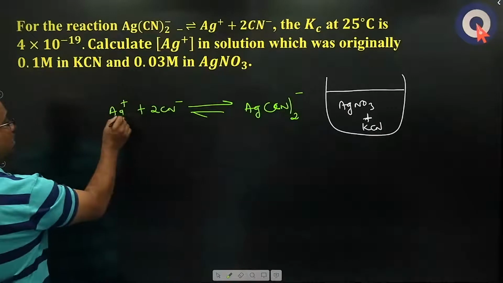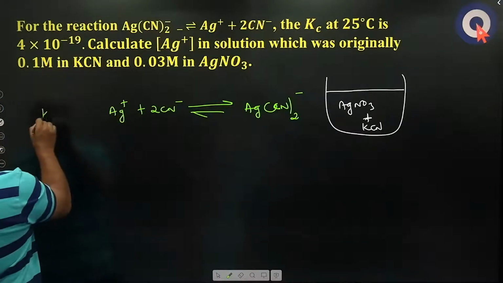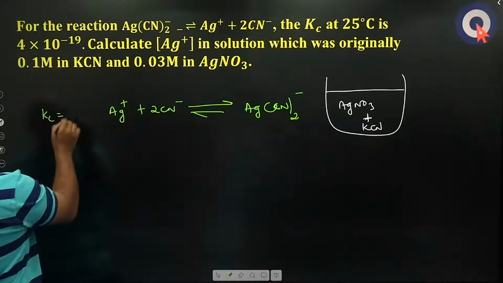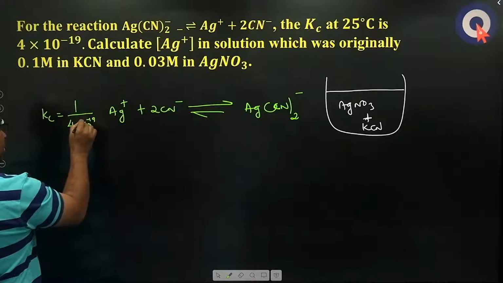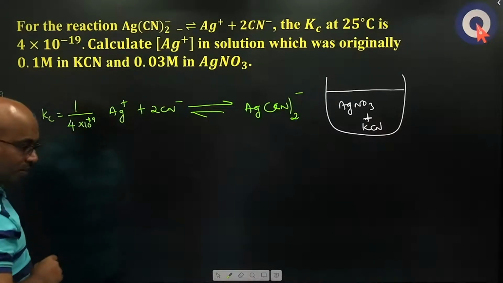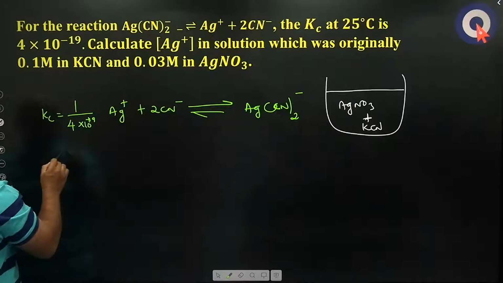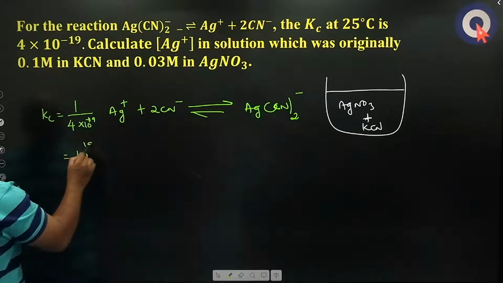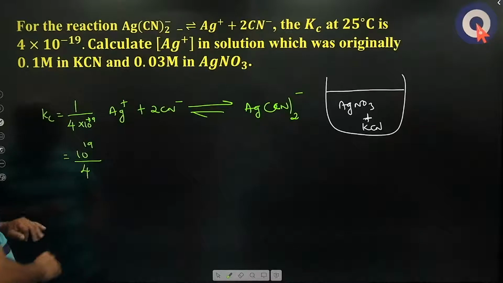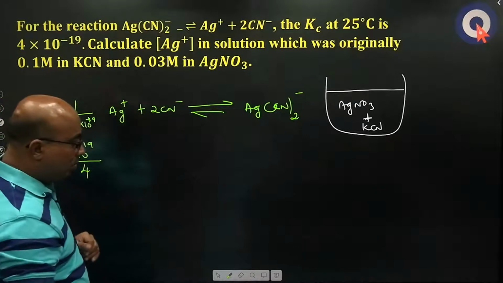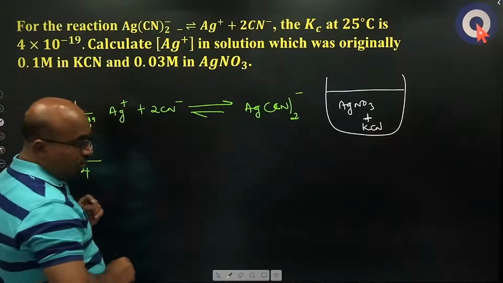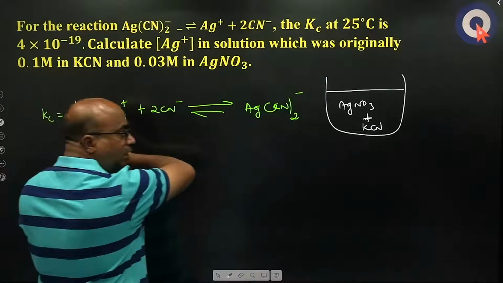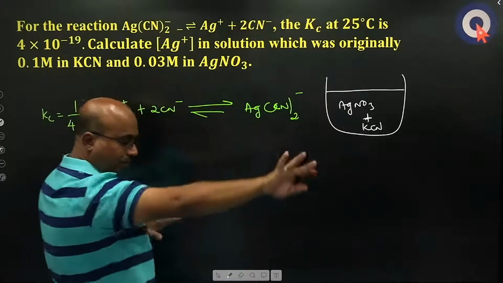So what will the equilibrium constant for this be? K equilibrium or Kc for this reaction will be nothing but 4 into 10 to the power of minus 19 in the denominator. So it will become 10 to the power of 19 by 4. So it's a very high value. So what happens immediately? When it is a higher value, the reaction has more ability to move in the forward direction only.